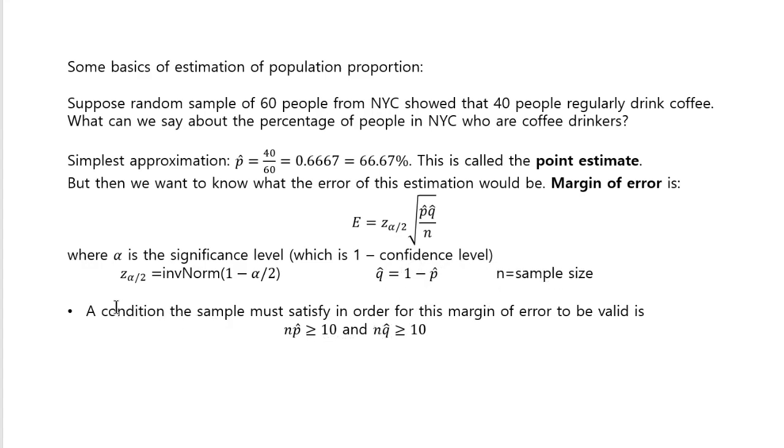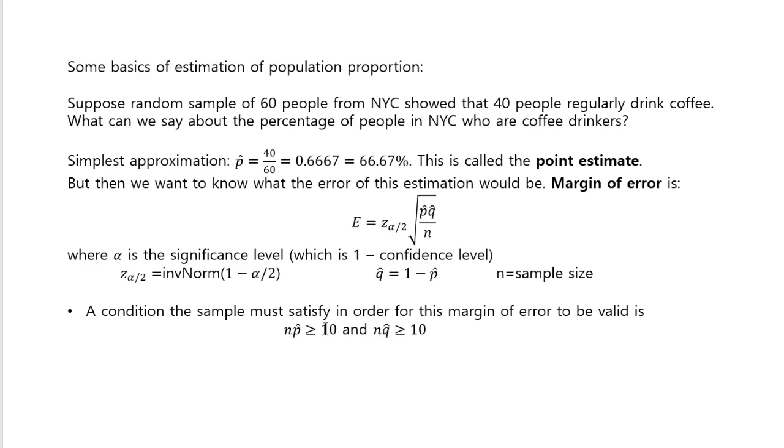By the way, before I continue doing this calculation, this calculation is only valid if your NP is 10 or greater and NQ is 10 or greater. If either one of these is less than 10, then it becomes less accurate, and you might get a value that's a little off.